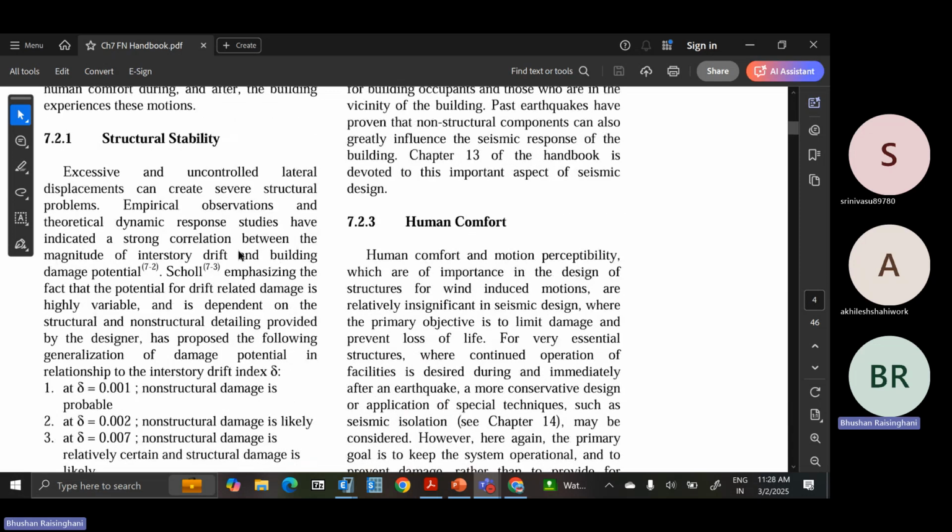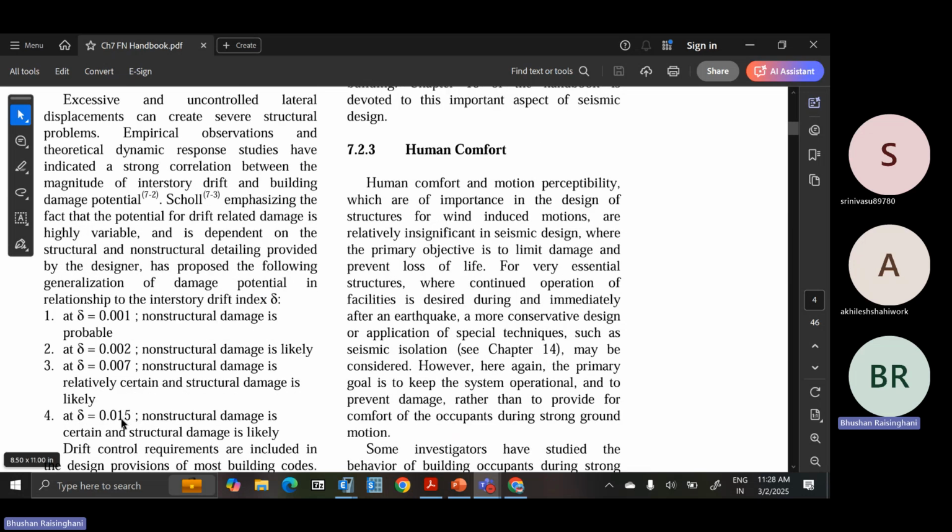Now you can go through this entire document. I will upload it in MS Teams. And what is structural stability and what are the indices for it? Like at 1.5% drift, structural damage will happen. At 0.7%, non-structural damage and some structural damage will happen.